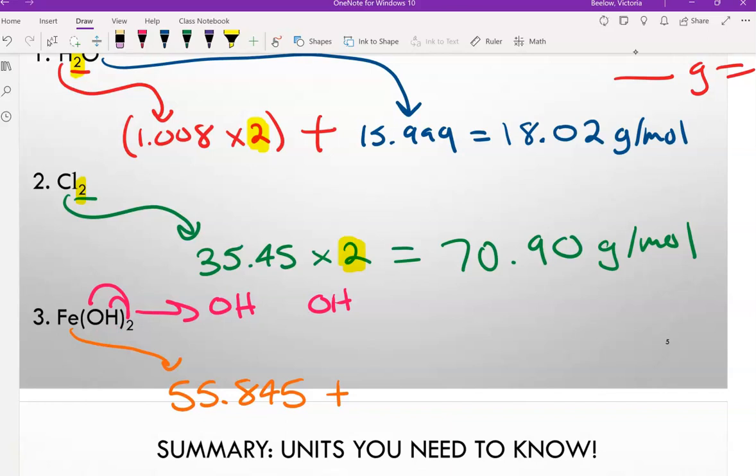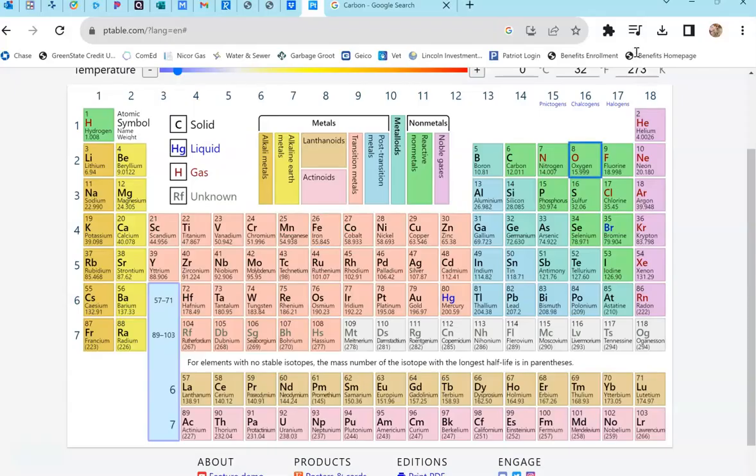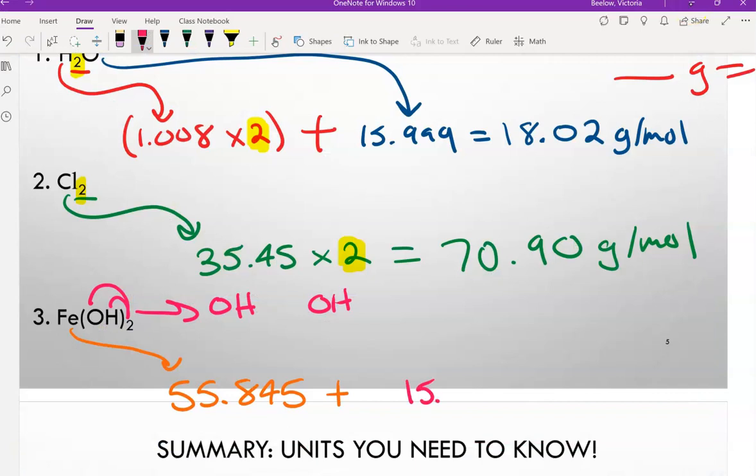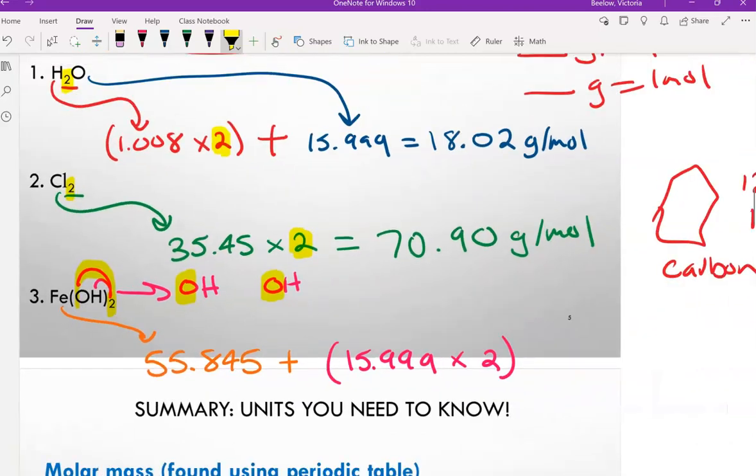So my first element is oxygen. Earlier we said that was 15.999. So I'm going to write that down first. And it looks like we have 2 oxygens. You can look at it as there's 2 oxygens here. You can also look at it as 2 times the 1 oxygen that's in the parentheses. 2 times 1 is 2.